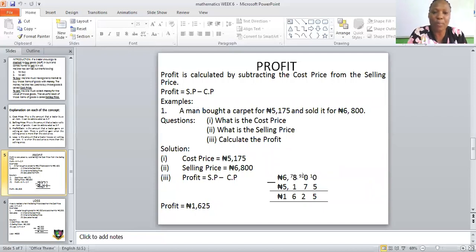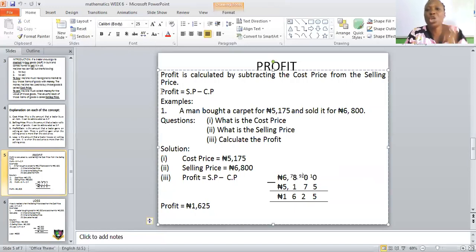The formula is: profit equals selling price, SP, minus cost price. Profit equals selling price minus cost price.